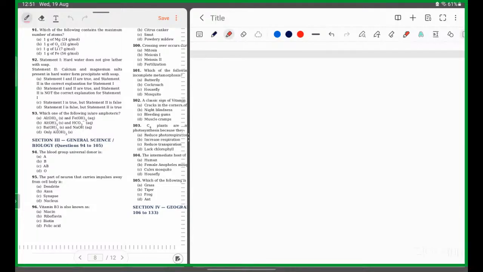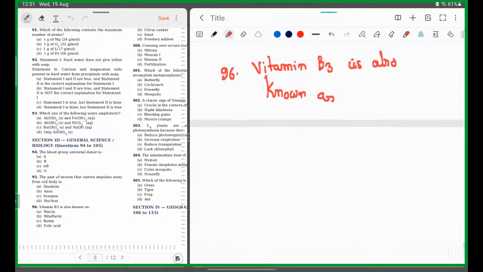For example, vitamin A is good for the eyesight. Then comes vitamin B, it is for all round development of the body. C keeps the skin intact and doesn't let it get pale. So vitamin B3 has another name which is used in medicine. We can say medicinal name.